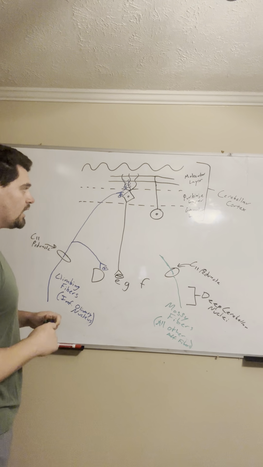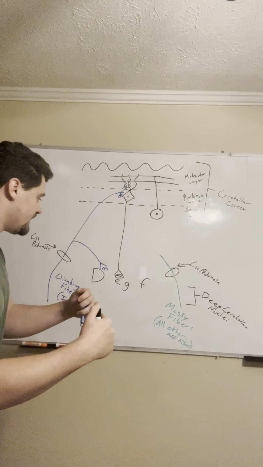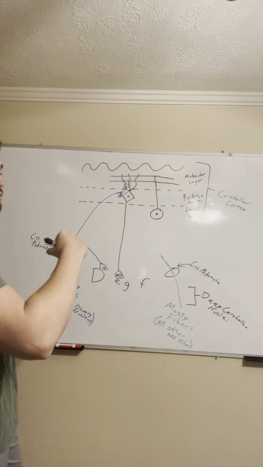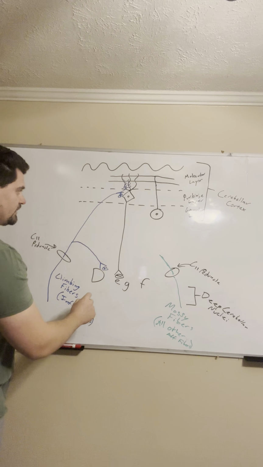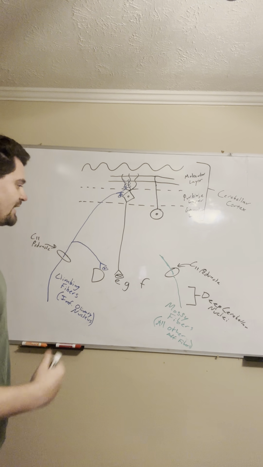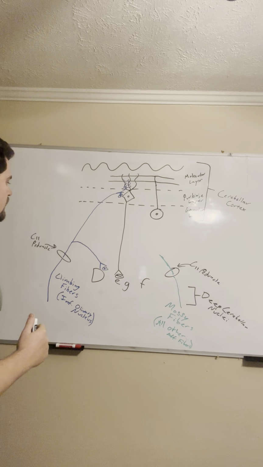So with the climbing fibers, it is going to stimulate whatever deep cerebellar nuclei we're talking about, but then it is going to quickly inhibit the deep cerebellar nuclei by way of the Purkinje cell.